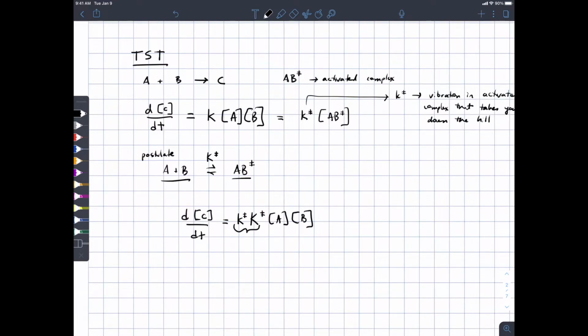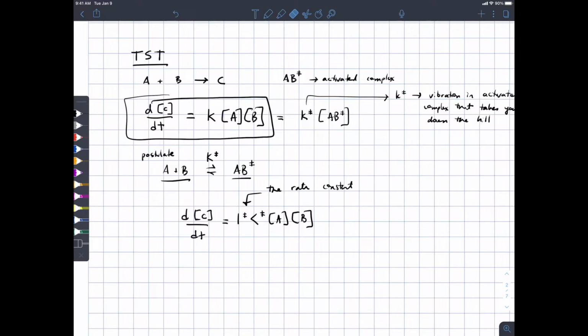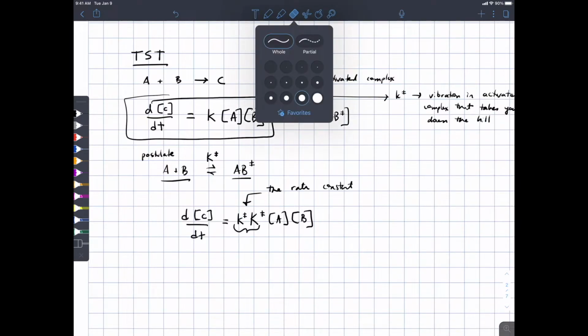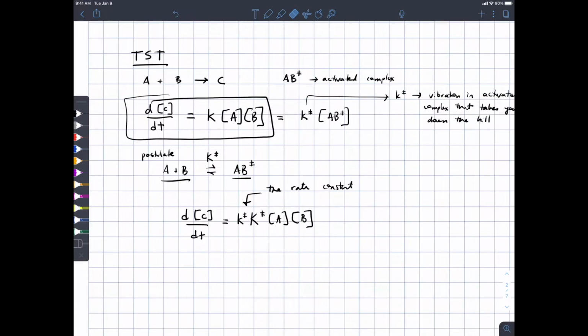So what this tells you is the way we used to write rate equations, that rate constant has two contributions, right? One of them is related to the vibration in the activated complex that leads to products, and then the other is related to some equilibrium between starting materials and activated complex.